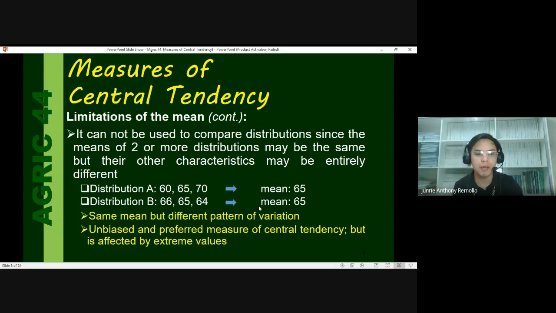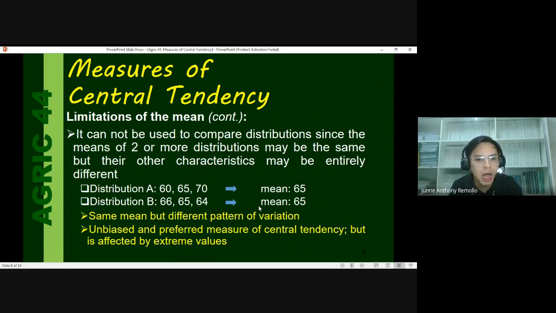Say, for example, if we are to evaluate these two sets of values, distribution A and distribution B, they have the same mean of 65 but different patterns of variation. If we compare it with the grades of student A and student B, of course they have the same average of 65. If we transmute it to the CMU grading system, 65 already belongs to the bracket of 2.25.